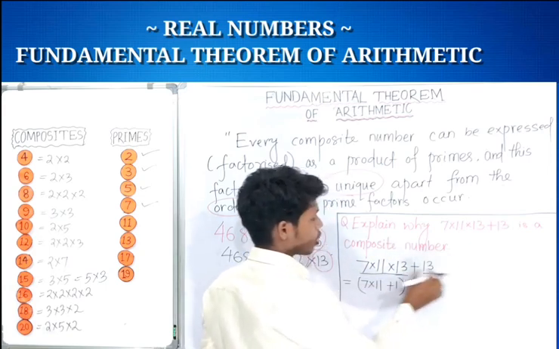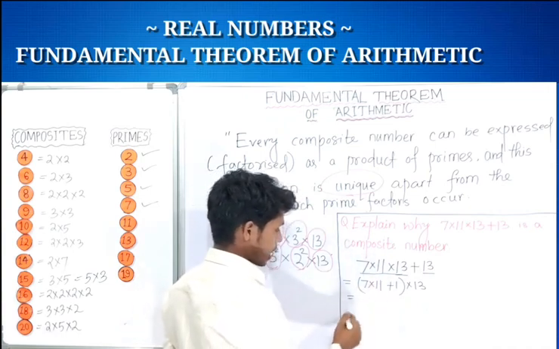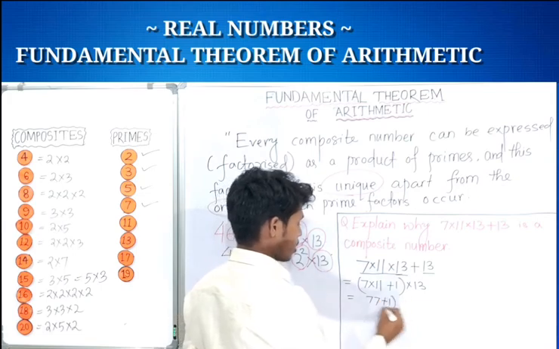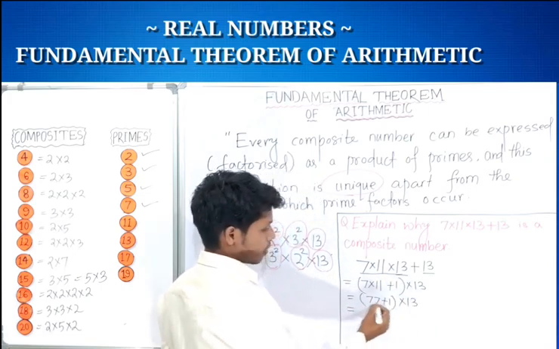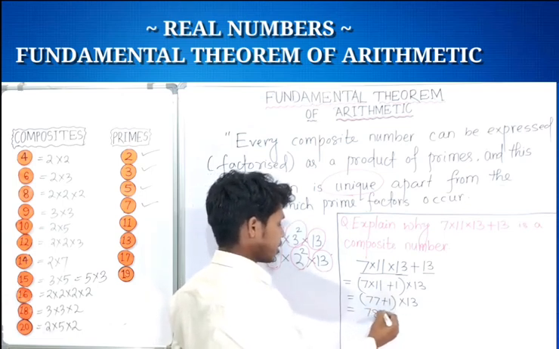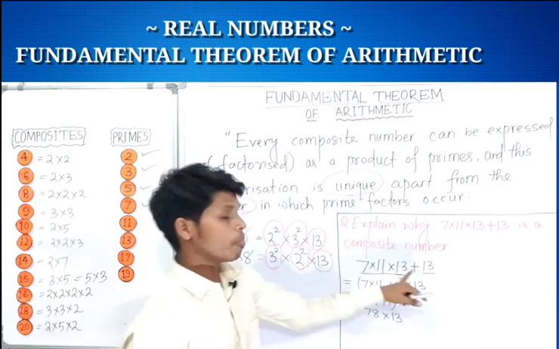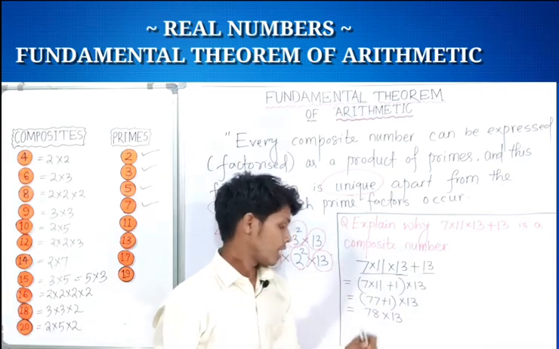I just took 13 common from both terms. Now let's solve this bracket. 7 into 11 is 77, plus 1, multiplied by 13. Next, 77 plus 1 is 78, multiplied by 13. Now we have succeeded in eliminating the plus sign. We got 78 multiplied by 13.